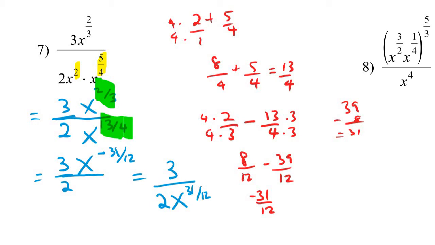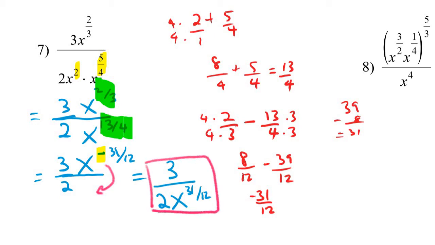Because of the negative exponent, we're able to bring it down. It comes downstairs and loses that negative exponent, and the 3/2 stays the same. So basically, that is the answer for that.